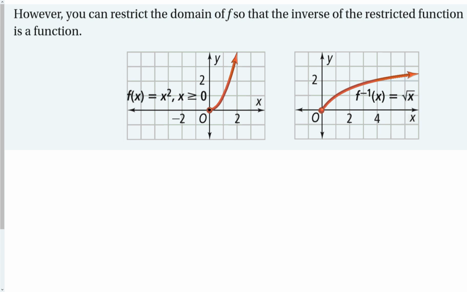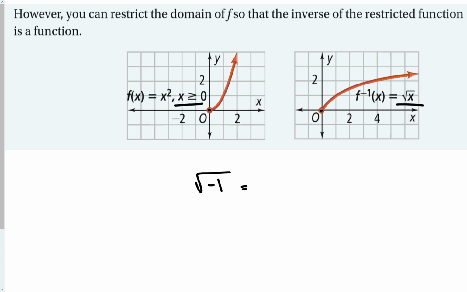So basically, if we take the parabola and we say that x has to be greater than 0, now when I flip it over, I do get a nice function that starts at 0 and continues up and to the right indefinitely. And this makes sense to have the radical function not exist for negative numbers, because we should know that we cannot do that.